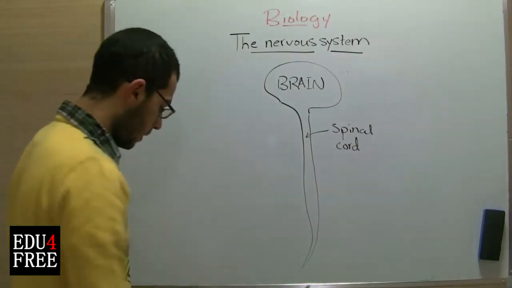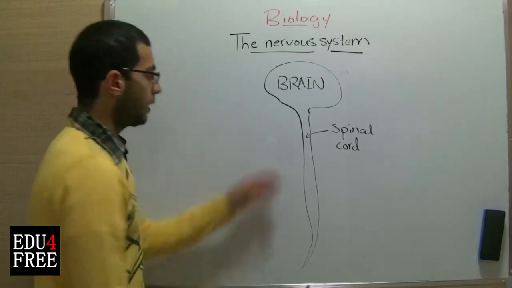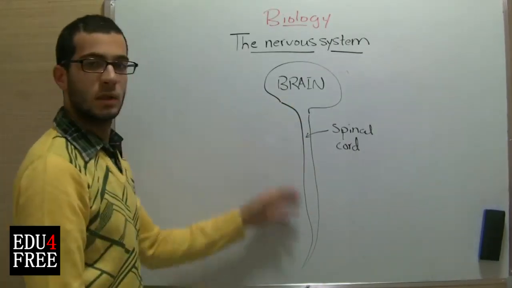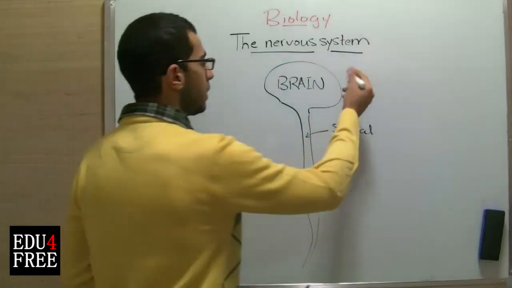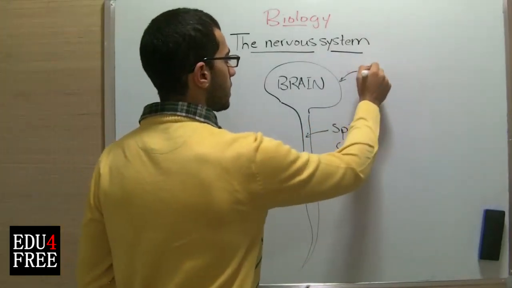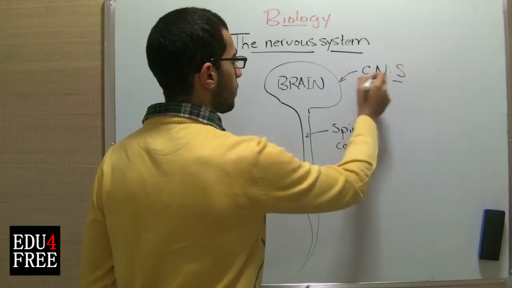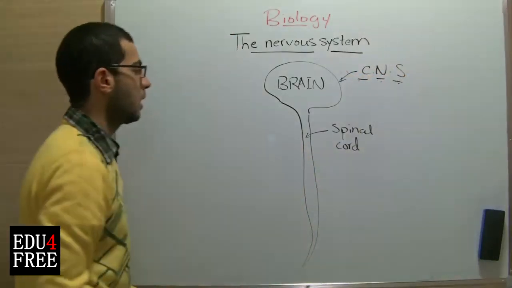So, the brain and the spinal cord make the first subsystem, which is called the central nervous system, and we refer to it as C.N.S, central nervous system.